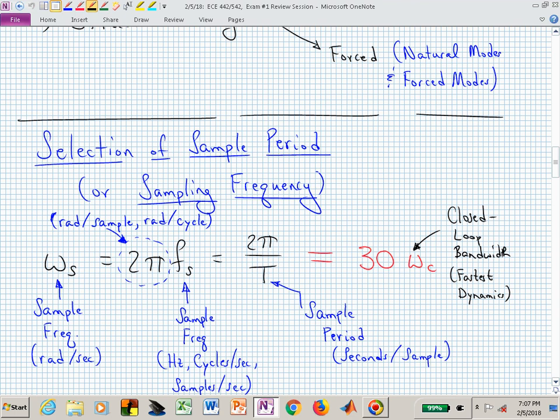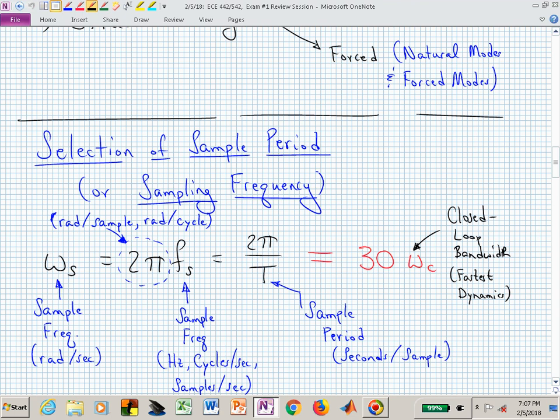That's our rule of thumb. Where the sampling frequency could be in terms of radians per second, that's omega sub s. It could be in terms of hertz or cycles per second or samples per second, that's f sub s. Or you could talk about how fast you're sampling by giving the sample period, which is seconds per sample.